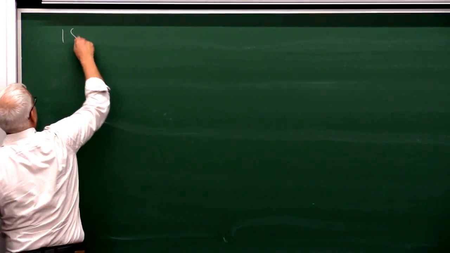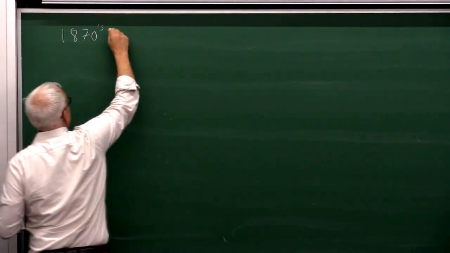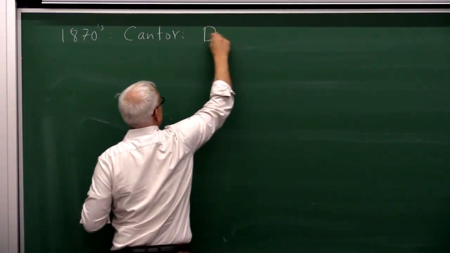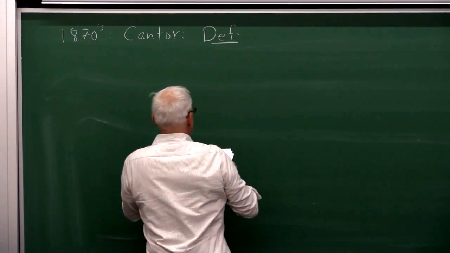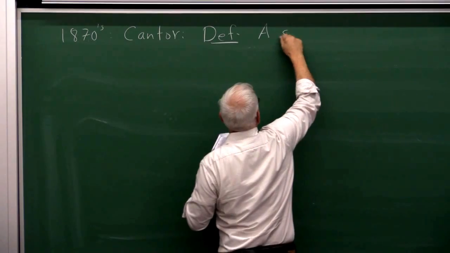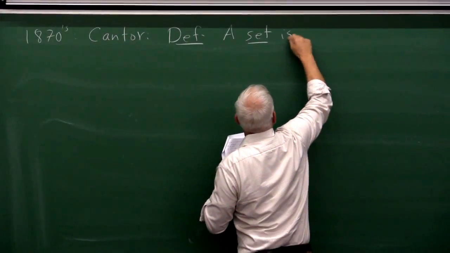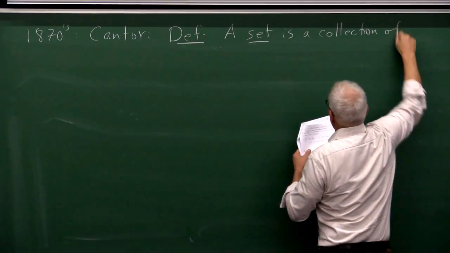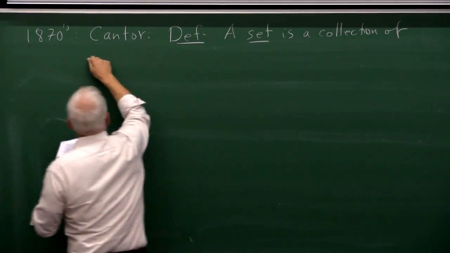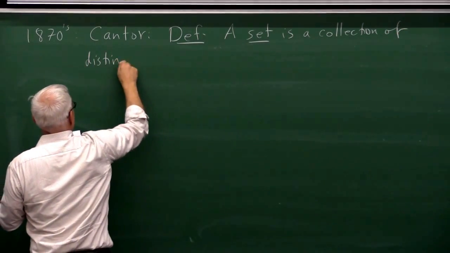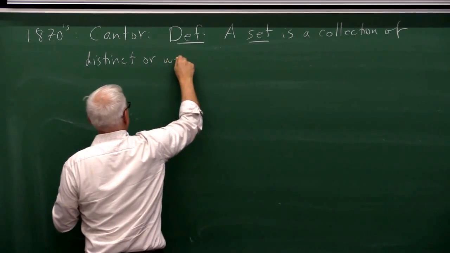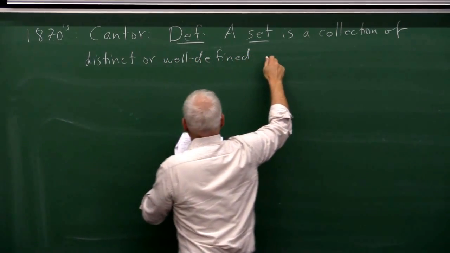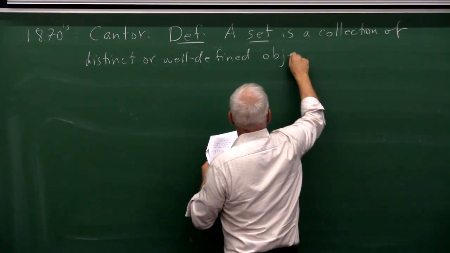Okay, so the story really begins in the 1870s, where Cantor made the following definition. He said that a set is a collection of distinct or well-defined objects.